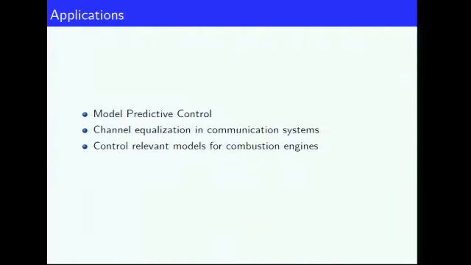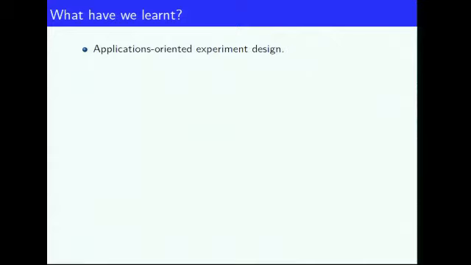I just want to mention some applications that we are working on. Model predictive control appeared in the beginning. We're also looking at channel equalization in communication systems, and we are starting to look into control relevant models for combustion engines. So what have we learned today? I tried to convince you that applications-oriented experiment design can be good.